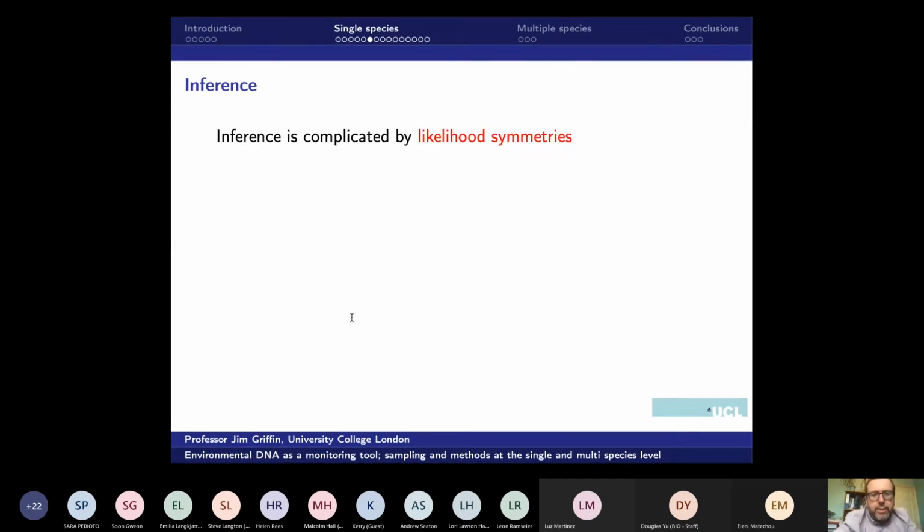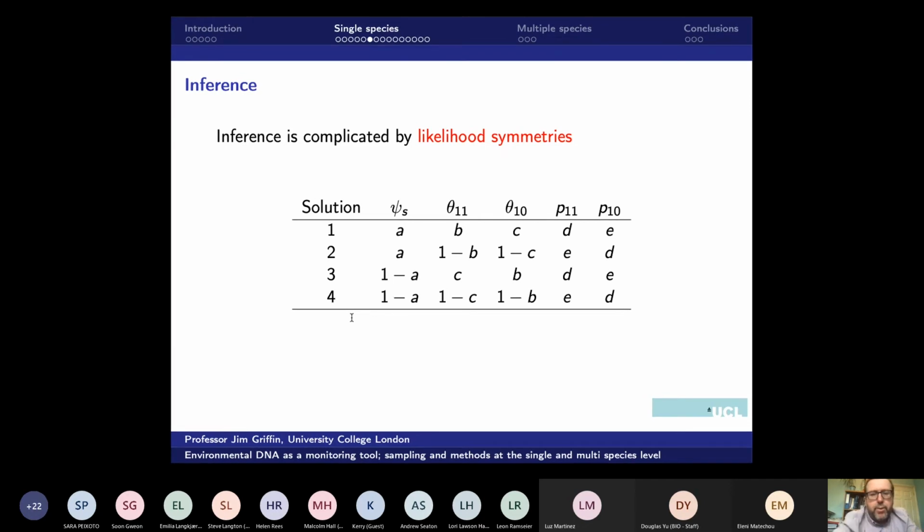So in terms of making inference in this kind of model, this is complicated because we have likelihood symmetries. What that means is we can swap around parts of the model and get exactly the same probability model. So there are 4 different solutions. The first is the solution, or interpretation, that I just explained to you.